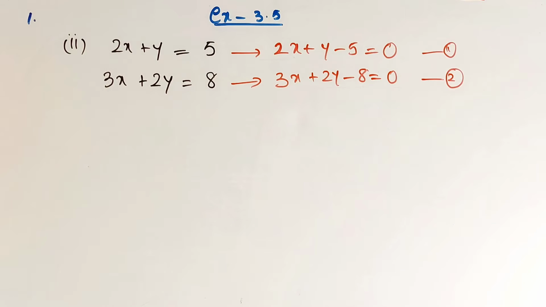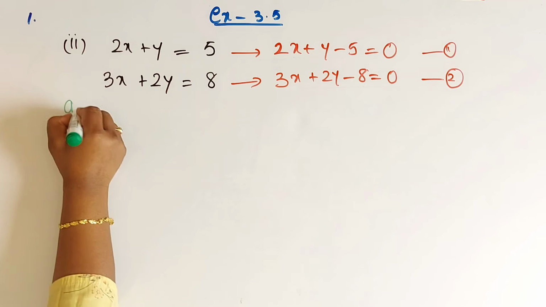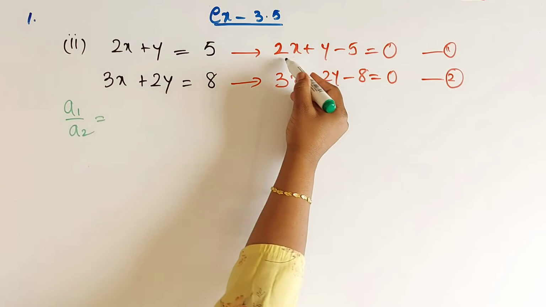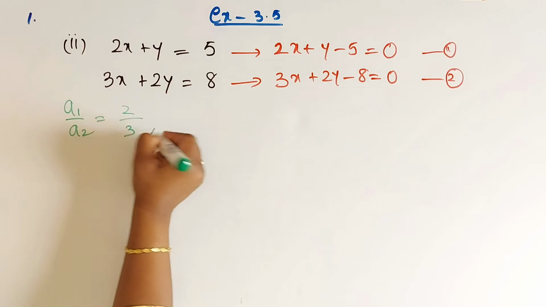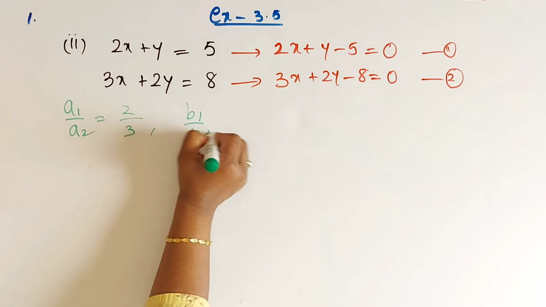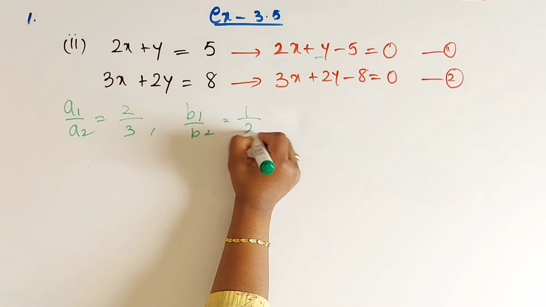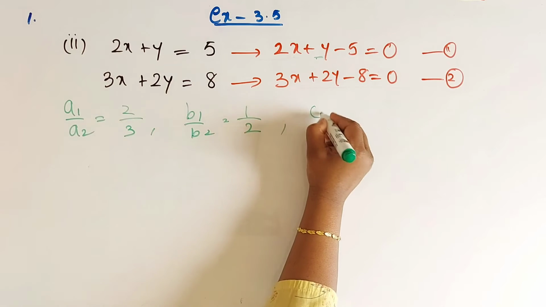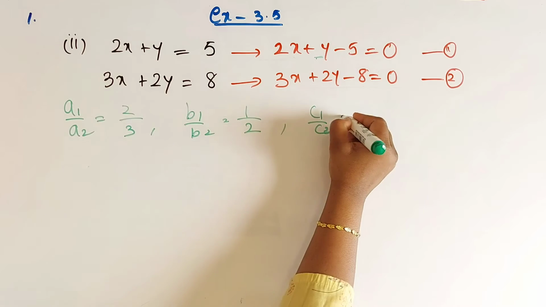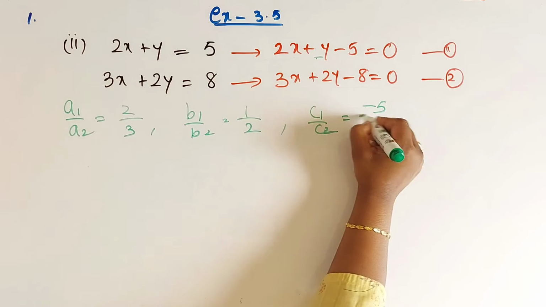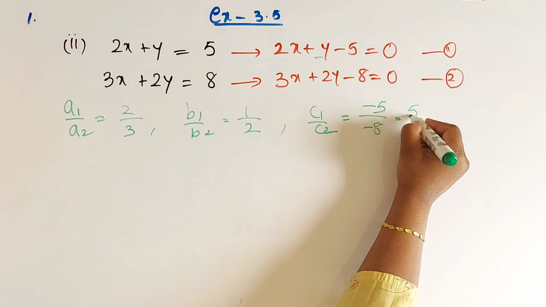Now we'll compare the ratios. a1 by a2 is 2 by 3. And b1 by b2, children, here 1 and here 2, 1 by 2. Now c1 by c2, minus 5 divided by minus 8, that means 5 by 8, children.